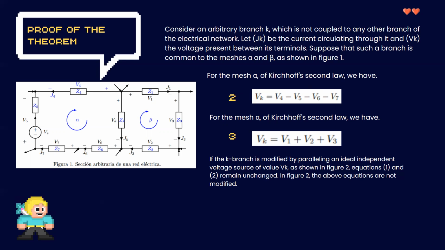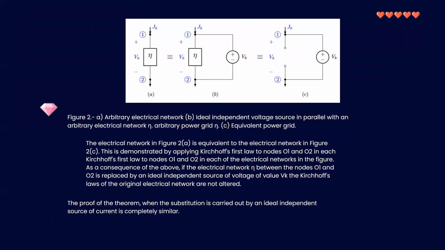In figure 2, A is an arbitrary electrical network, B is an ideal independent voltage source in parallel with an arbitrary electrical network N, and C is the equivalent electrical network. The electrical network in figure 2 is equivalent to the electrical network in figure 1.